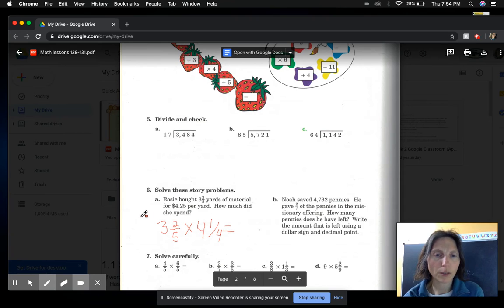So that's one way to do it, to get everything in the same. But then you need to change these to improper fractions and multiply across. Or we haven't learned that yet.